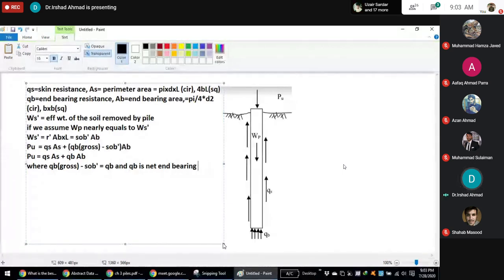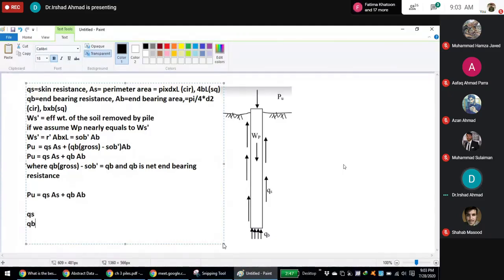This is better. So the equation that you got is PU equals QS AS plus QB into AB. This is the equation that you can use to find PU. Very easy. The only thing you want to find is QS and QB.